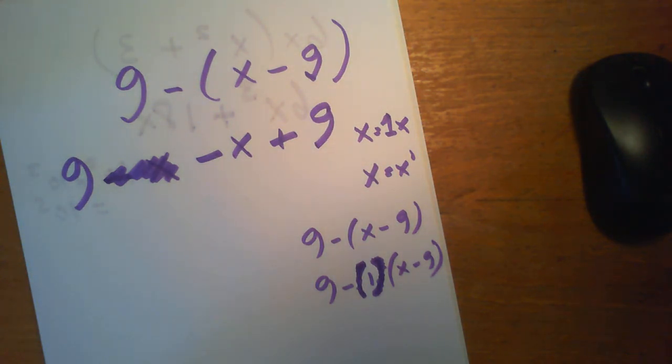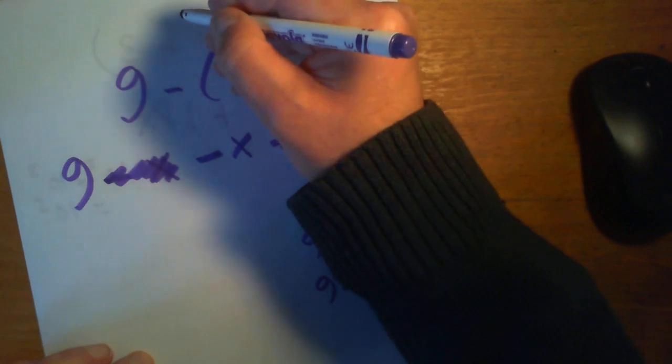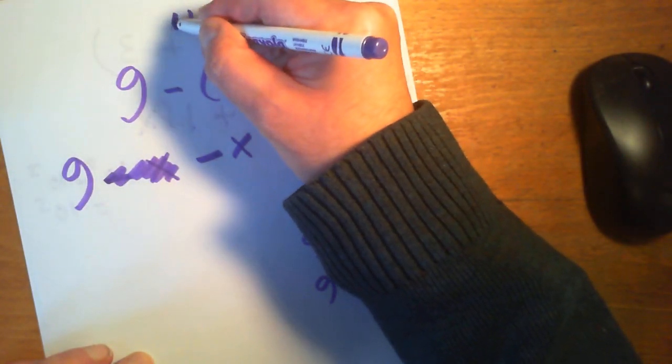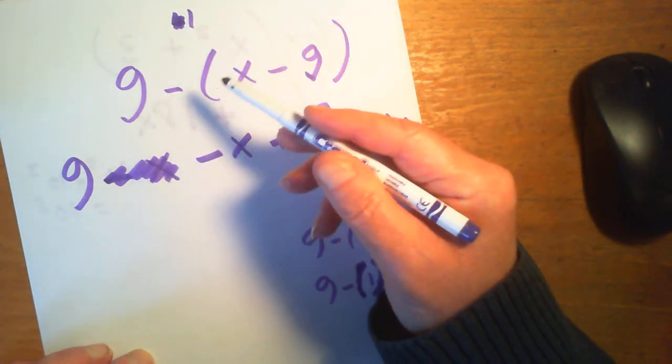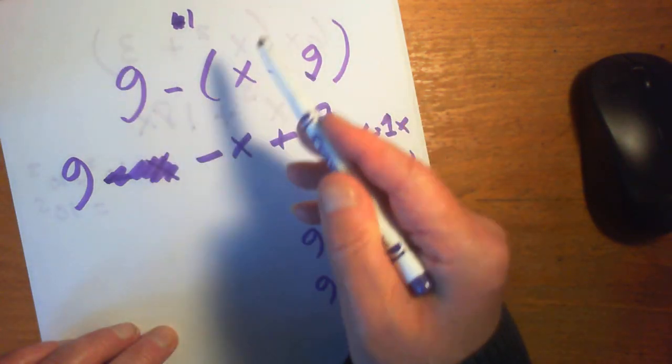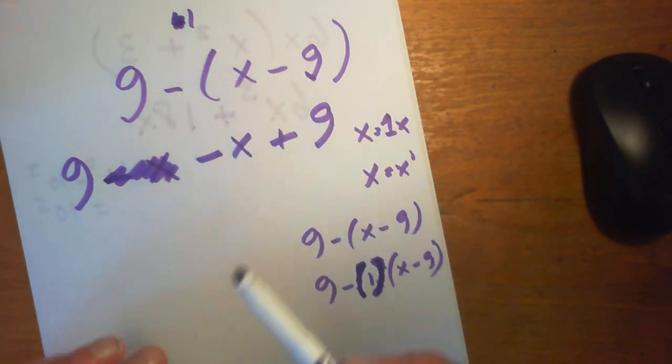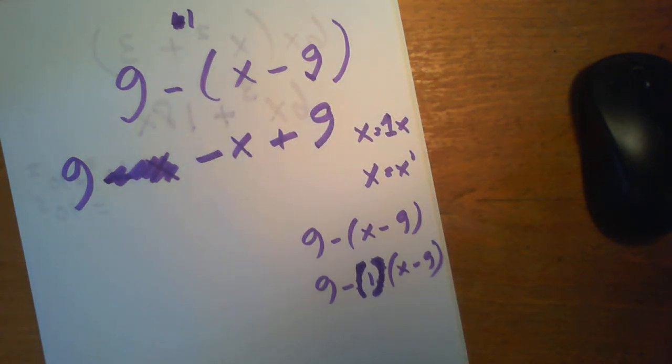You can test it by doing the long way around. If you insert a 1 in there and do it the way I recommended, minus 1 times that gives you minus x, and minus 1 times that gives you plus 9. So it's in accord with the basic method, what I've called the long method I introduced originally.